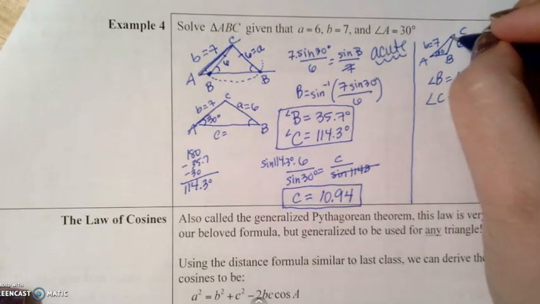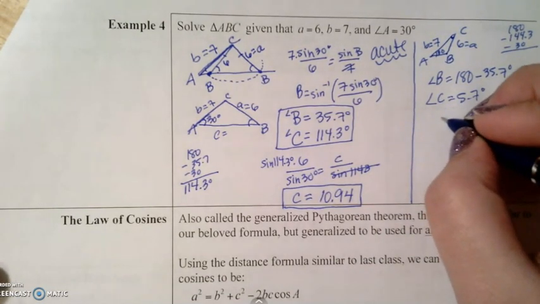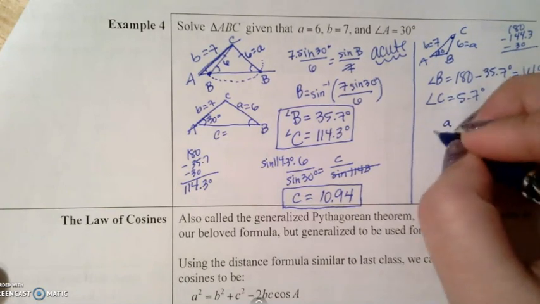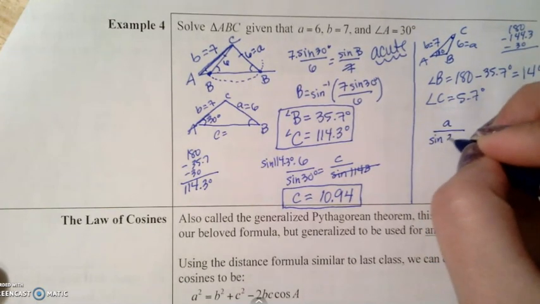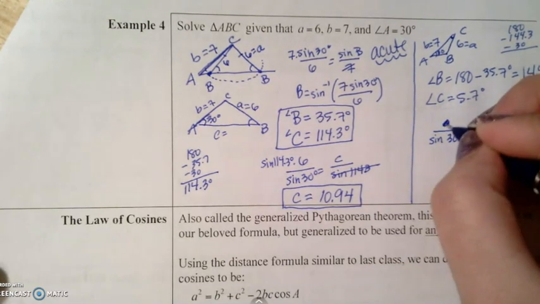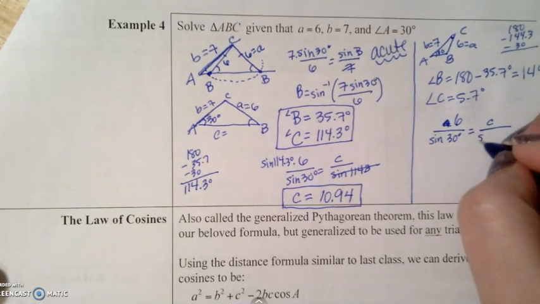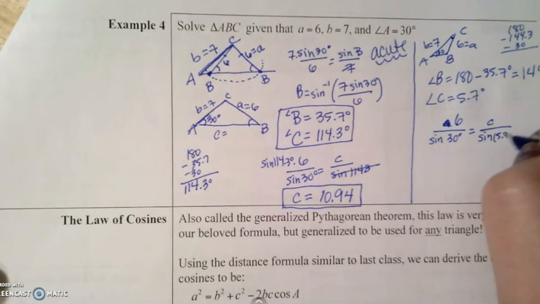We would expect it to be very acute because it's a very small angle in our diagram. And then side C finally, so we have side A, which is 6, divided by sine of angle A equals side C divided by sine of angle C, which is 5.7.